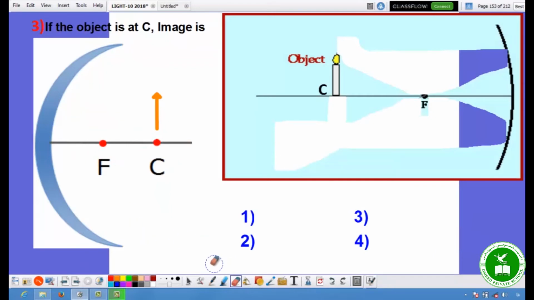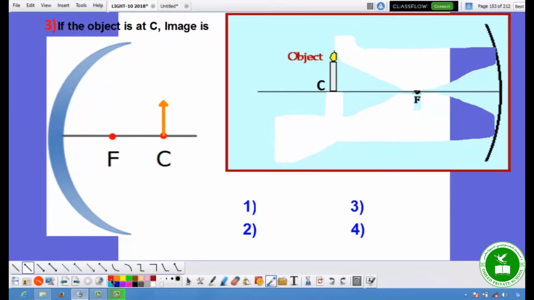Third case: if the object is at C, how will the image be formed? Again, we have to use special rays to form images. One special ray: if the incident ray is parallel to principal axis, how will it be reflected?